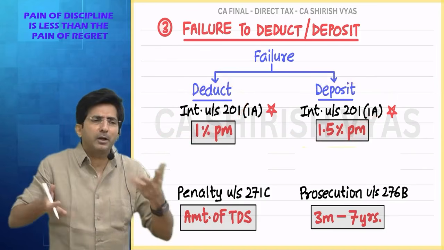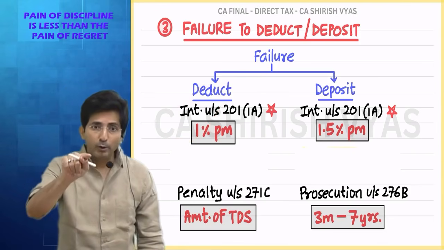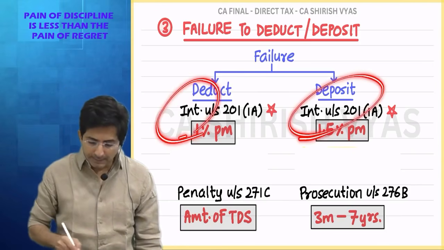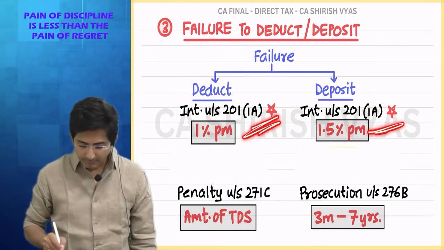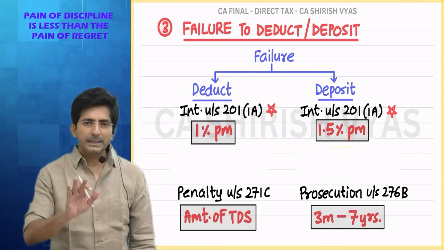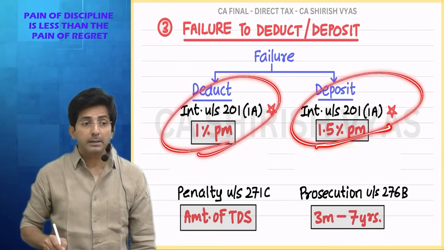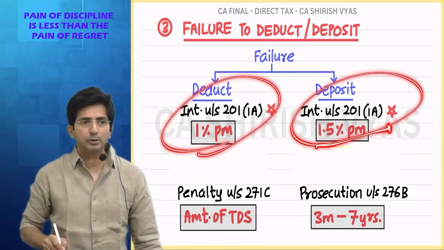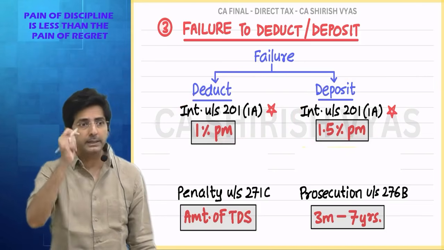Penalty and prosecution may or may not be levied, but interest is mandatory. From exam point of view also, interest calculation is important. They have already put a star. See, penalty and prosecution I have to teach my students, but generally tested less in exam. Interest is tested more because the nature of interest is also mandatory. So as a student of CA, you should know how interest working is done.